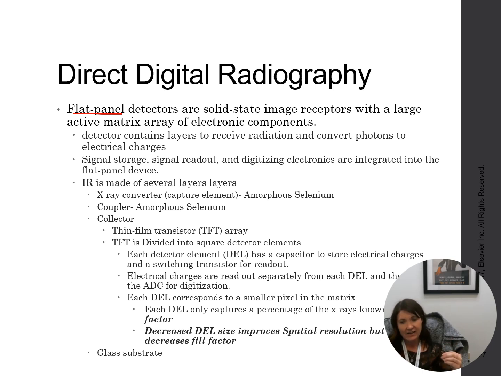And then it's at that TFT where it's going to absorb that charge, and that's going to be our collection element. As I mentioned, the TFT is divided into individual detection elements. Each detection element will make up one pixel. The smaller our detection element sizes are, the smaller our pixels will be, therefore the better our spatial resolution will be.